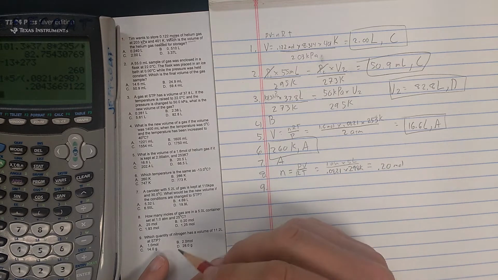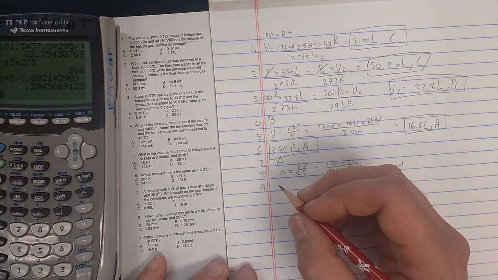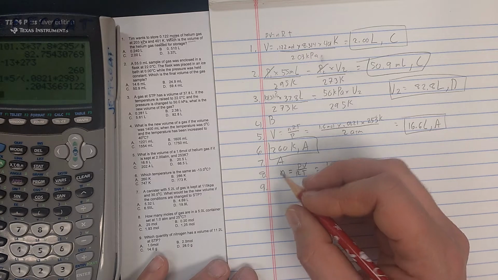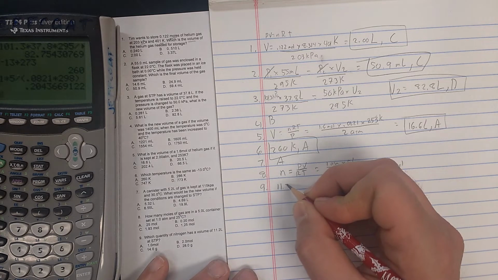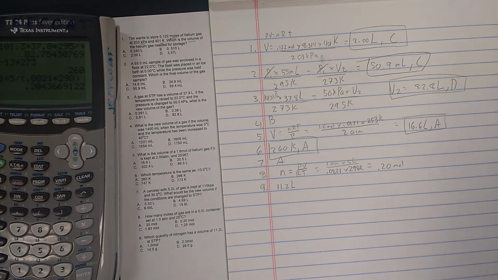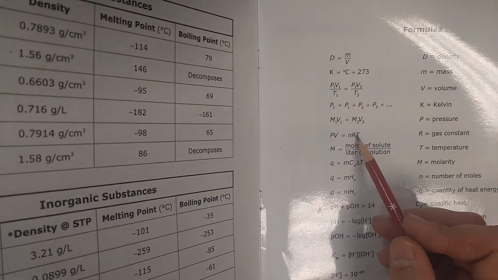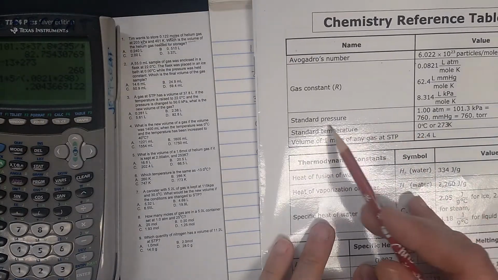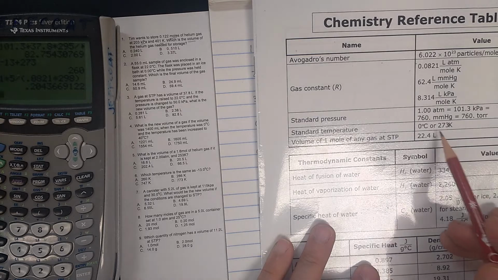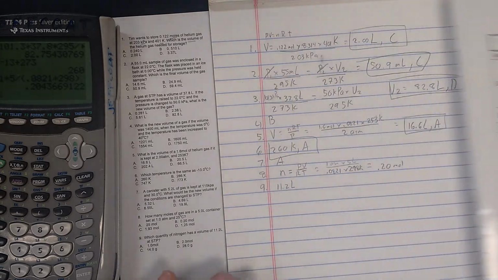Number 9. What quantity of nitrogen has a volume of 11.2 liters at STP? Well, if you have 11.2 liters, and we're trying to find either moles or grams, if we're at STP, you can approach this 2 different ways. You could plug into PV equals nRT and substitute in standard pressure and standard temperature and solve for moles.